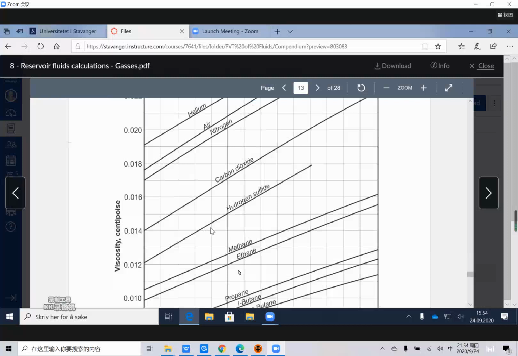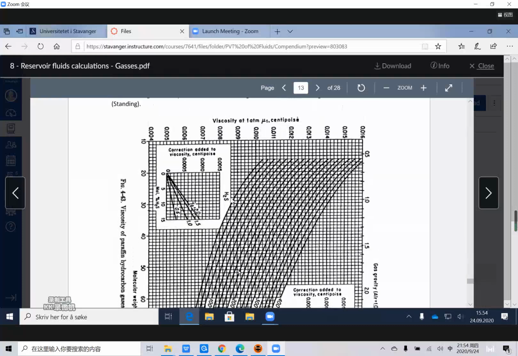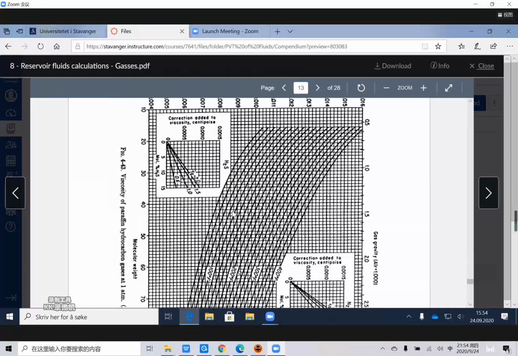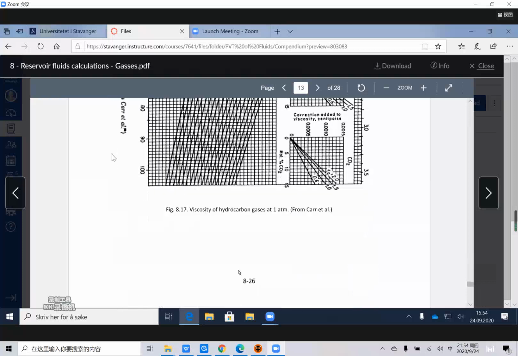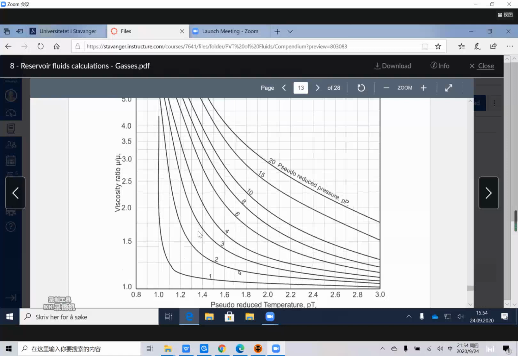So this is the viscosity of the gas at the surface, 1 atmosphere pressure, and the other figure that you need is this one, the ratio of the viscosity. It is the viscosity of the gas over the viscosity of the gas at 1 atmosphere pressure. So use these 2 figures to find the viscosity of the gas.